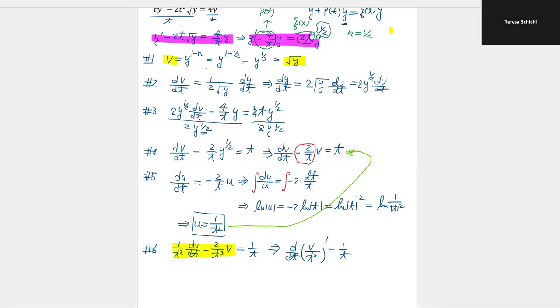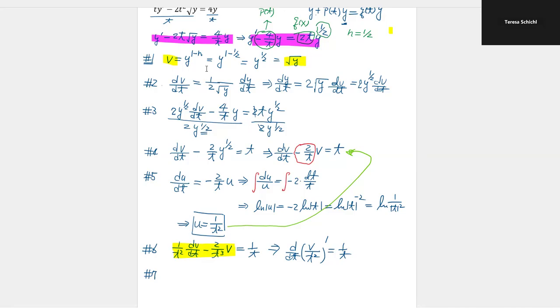If you do the product rule, holding the first part 1 over t squared times dv/dt, then minus, you hold the v, and the derivative of 1 over t squared will be negative 2 over t cubed. Now step number 7 is to integrate both sides.